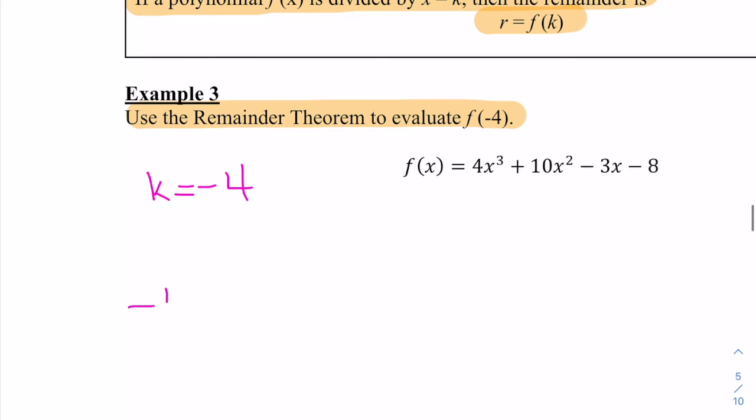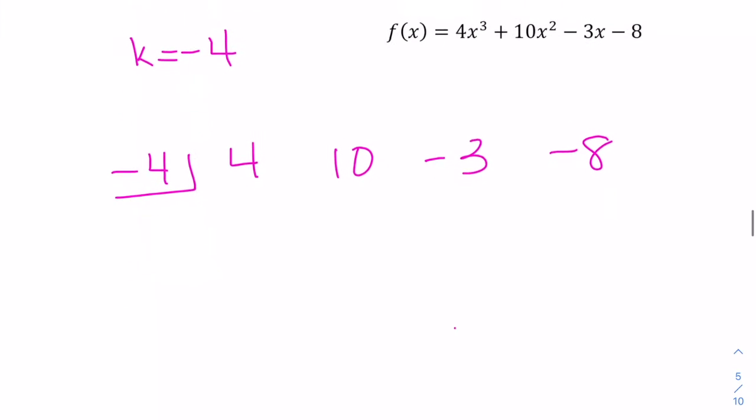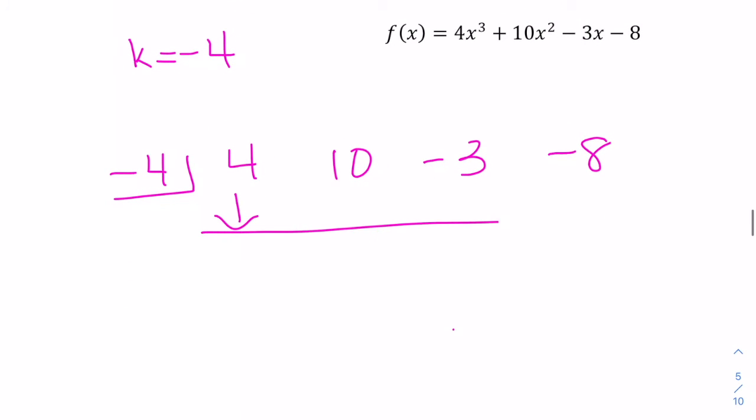So I'll put negative 4 in the box, and the coefficients are 4, 10, negative 3, negative 8. Using synthetic division, I'll bring down the 4, multiply, add going down, multiply with negative 4, add going down.